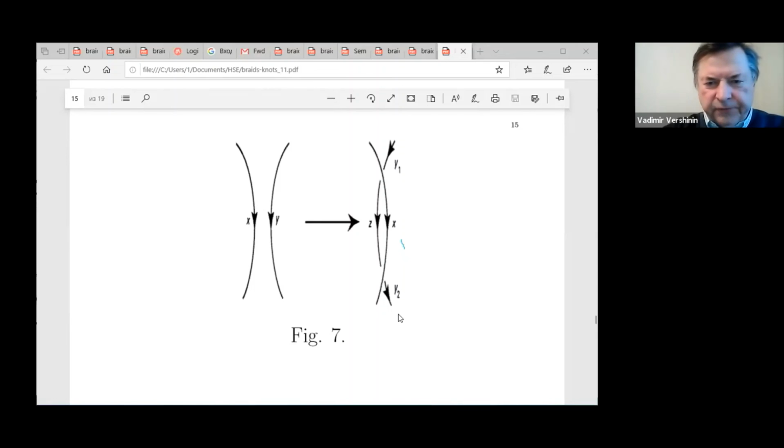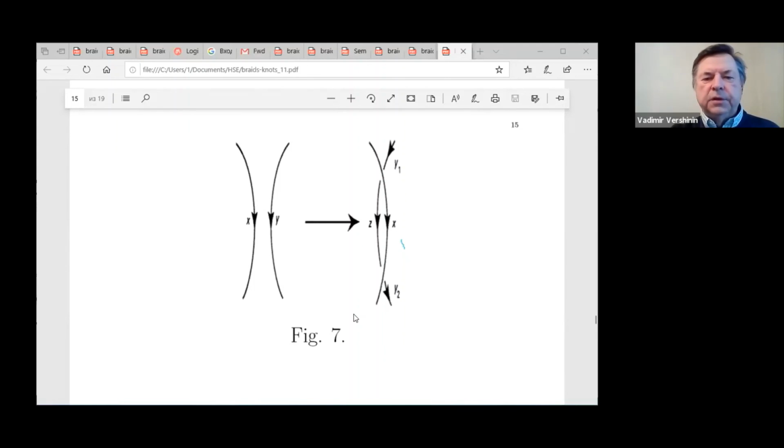So here you have now 1, 2, 3. So instead of Y, Y disappears. There appear three new generators and two new relators. Please show that they are Tietze equivalent to the previous one.